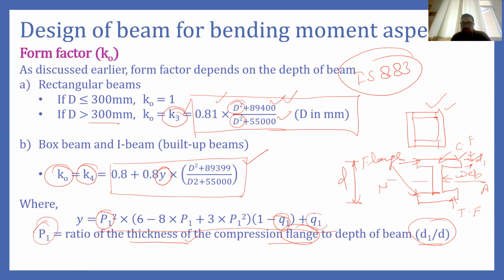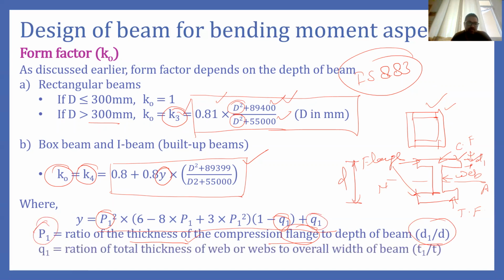Similarly, Q1, what is Q1? Q1 is basically the ratio of total thickness of web or webs to overall width of beam. So here, this is the thickness of web. Say if I represent this as T1 and overall width of flange, it will be T. So T1 by T is basically the ratio Q1.